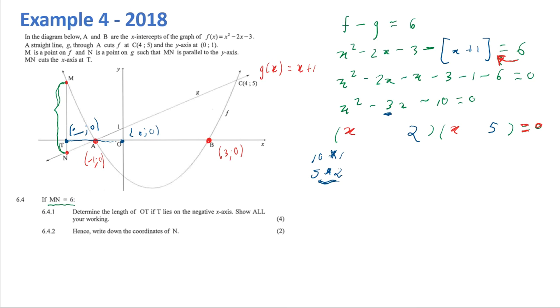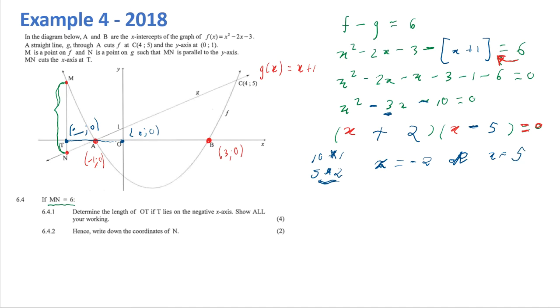Because this is a minus 10, one of these has to be positive, one negative, and because this is a minus 3, the minus belongs to the 5. You can go and double check that. I think I've done it correctly. Cool, so we have a solution here: x equals minus 2, or x equals 5.